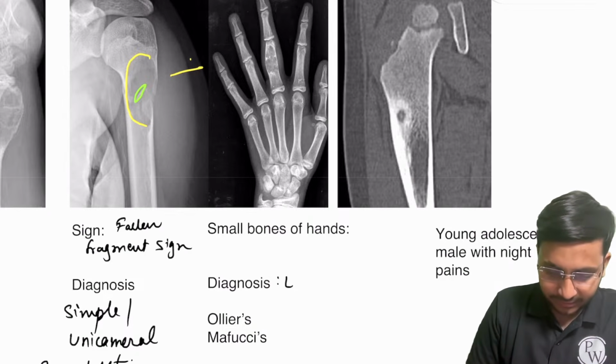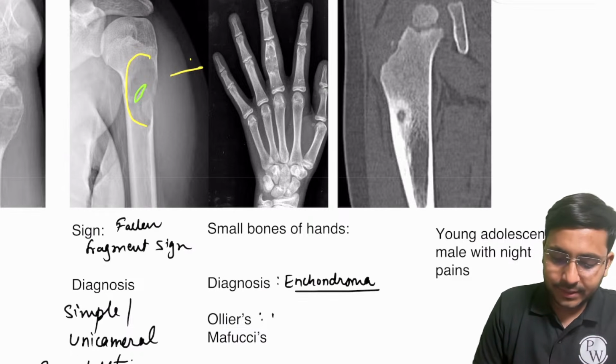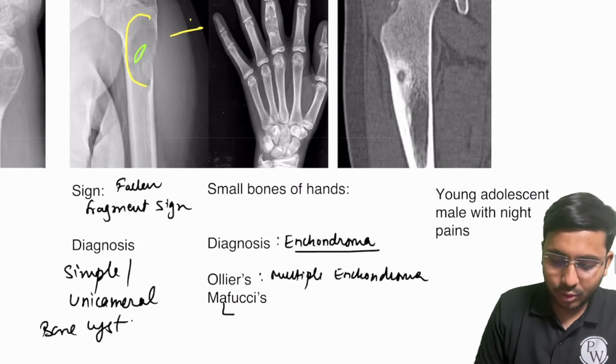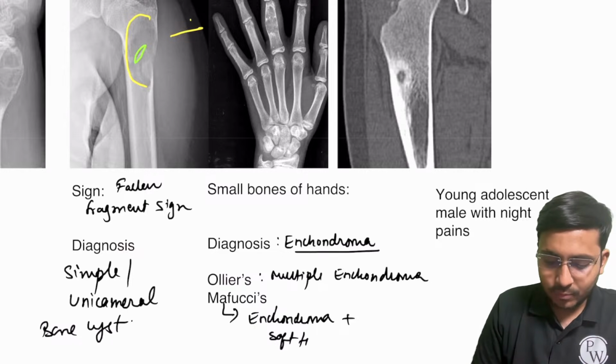The diagnosis is enchondroma. What is Ollier's disease? Multiple enchondromas. And what is Maffucci syndrome? Enchondroma plus soft tissue hemangiomas.